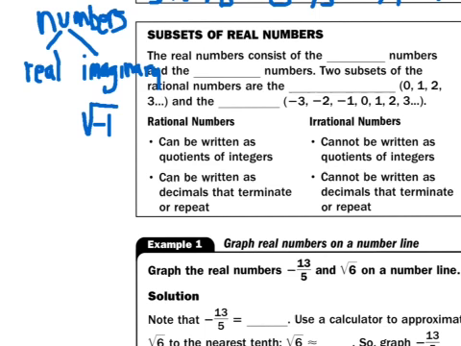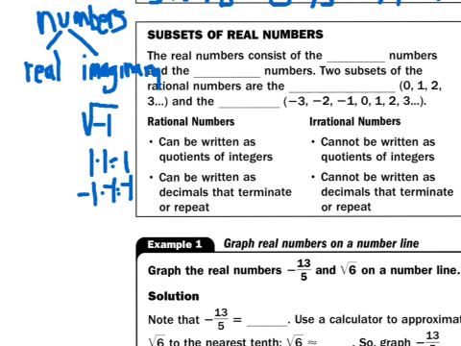Remember, the square root is what number times itself equals that. There is not any number that you can multiply by itself and get a negative 1. Because if we multiply 1 times 1, we get positive 1. And if we multiply negative 1 times negative 1, we get positive 1. So anything that would come out to be a square root of a negative 1 is an imaginary number.